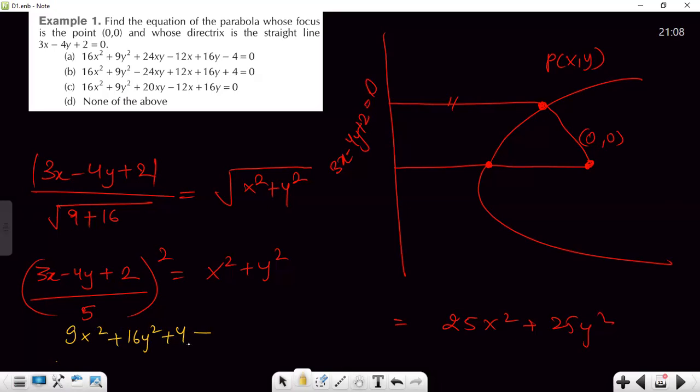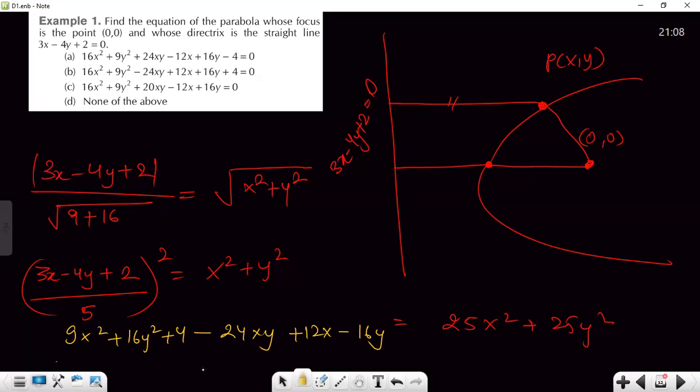Now 2ab is minus 24xy, then plus 12x minus 16y. So multiply 3, 4, 4, 8, 4, 2 into 2, 3, 2, 6 into 12. Done. What else is left? Nothing is left to the right hand side.